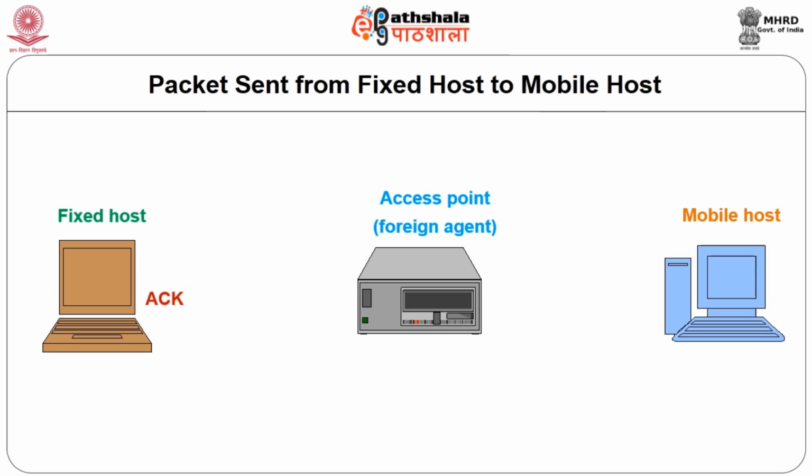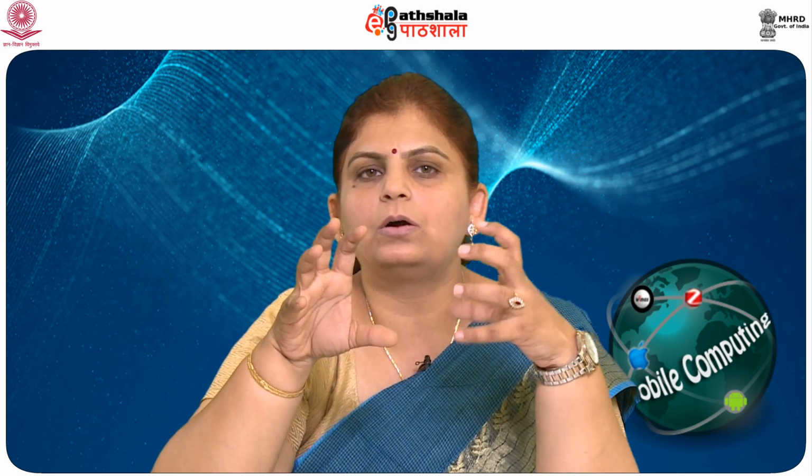It acts as a proxy, that is, for the fixed host it appears as the wireless host, and for the wireless host it appears as the fixed host. Okay, so what will happen if a fixed host wants to transmit packets to the mobile host? The packets will be transmitted, and they will be buffered by the MSR, the intermediator or the base station.